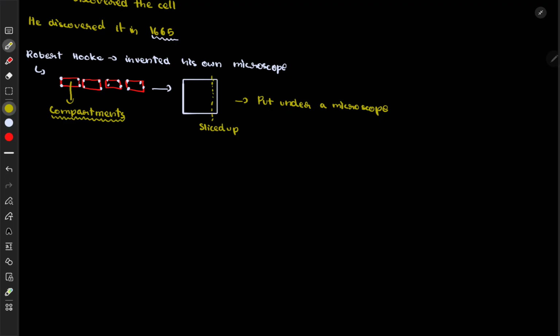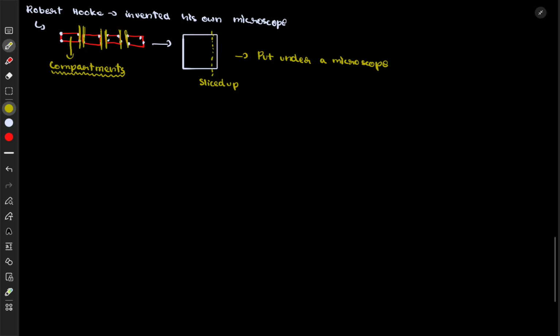These compartments were partitioned horizontally. This is just one row I made. There are many rows, hundreds and hundreds of compartments inside one slice of cork.